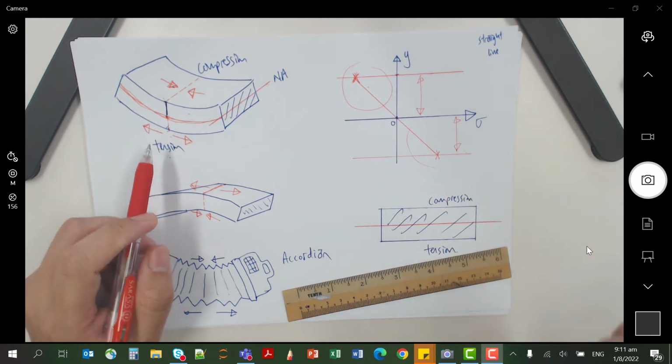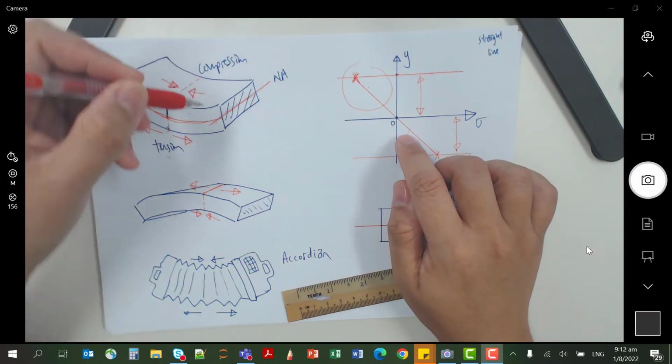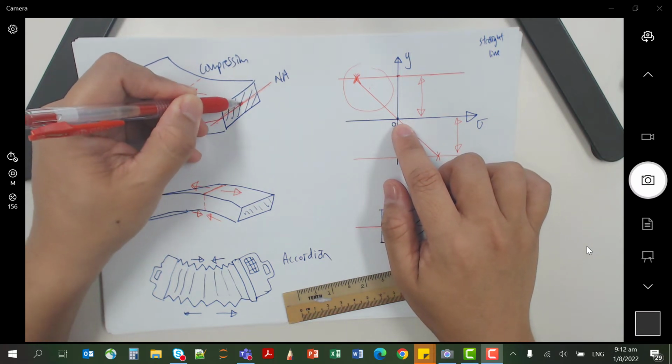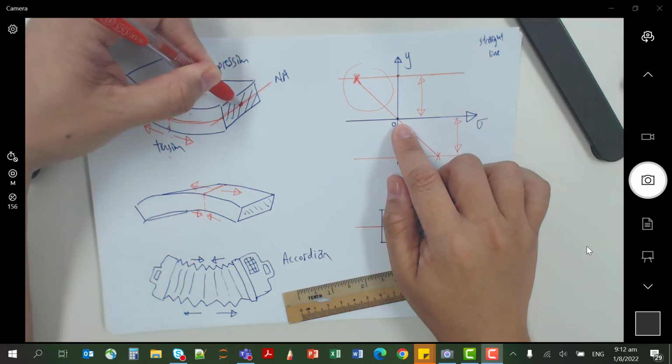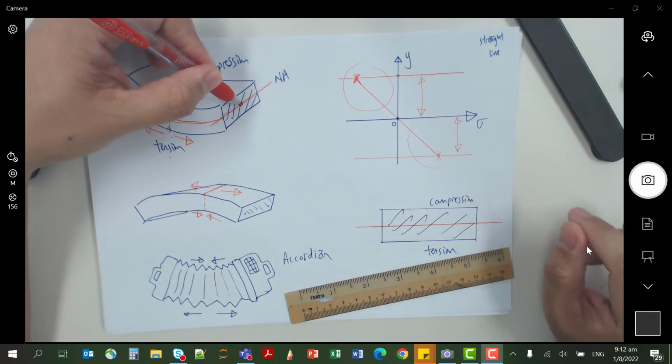The beautiful thing about this axis, this point, this line, is that this is the center of gravity. That's the reason why you need to find the center of gravity for your beam.